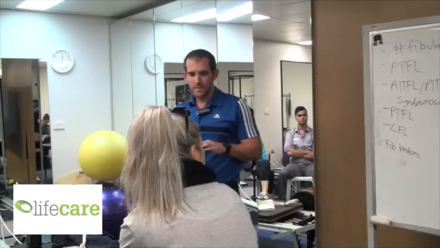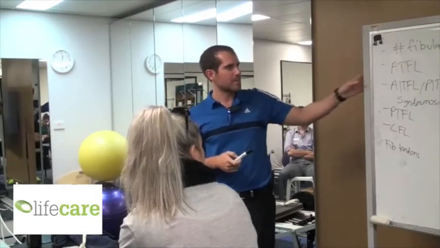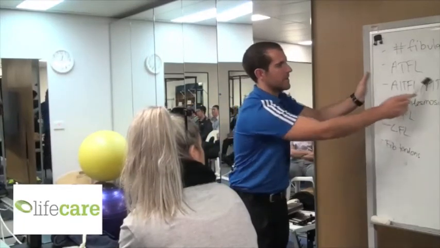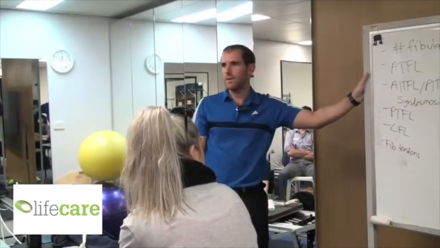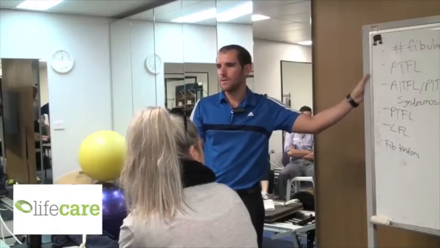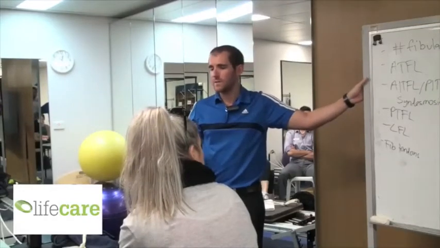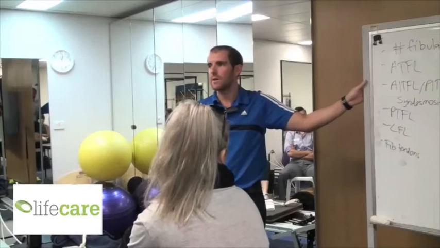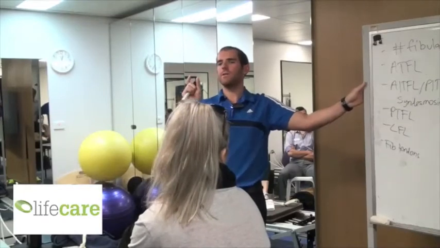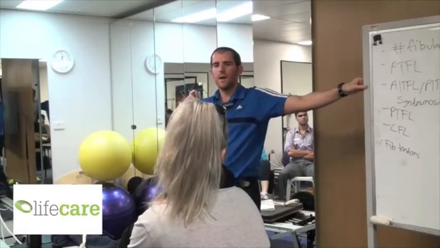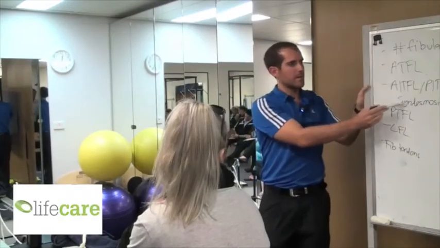Now, it's more of a surgical kind of decision, but if they've ruptured all of this stuff, they're going to need surgery to fix it. So how are we going to tell? If someone comes and sees us, a weight-bearing x-ray, where they measure, and you have to request these measurements of the syndesmosis.